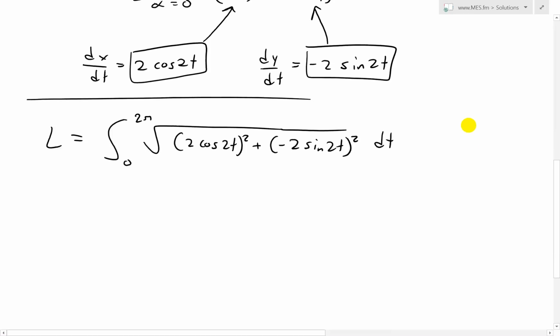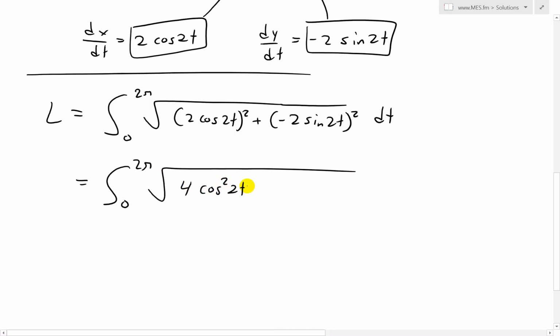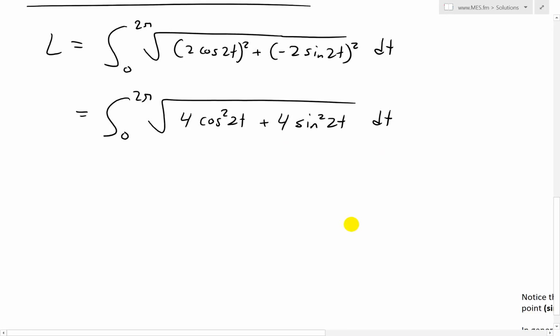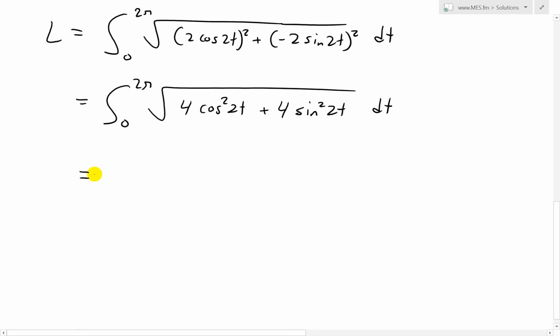When we square it, the negative just becomes positive. To simplify further, 2 squared is 4, so we have 4 cosine squared 2t plus 4 sine squared 2t dt. Now I'm going to factor out this 4, as well as the square root with it.